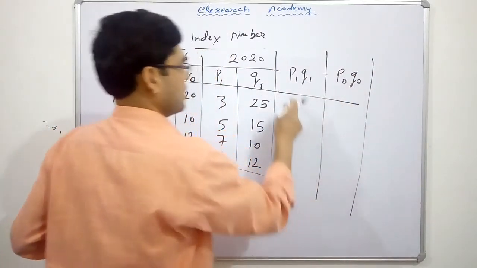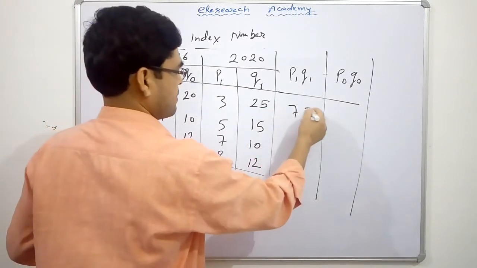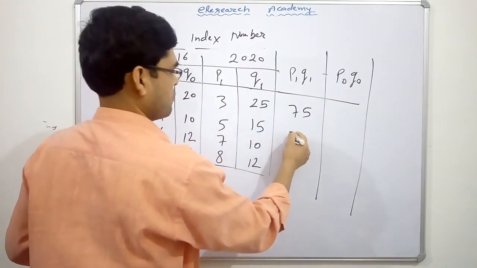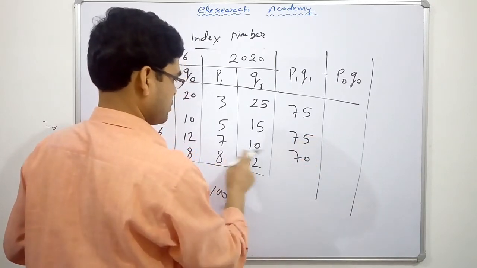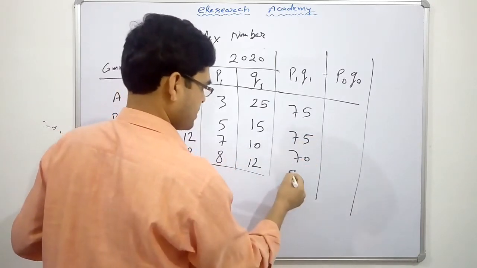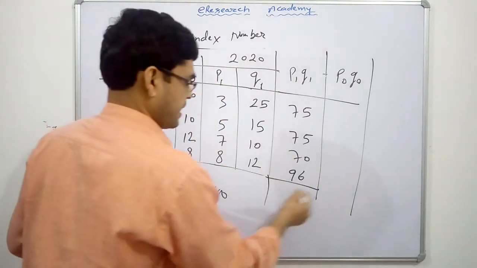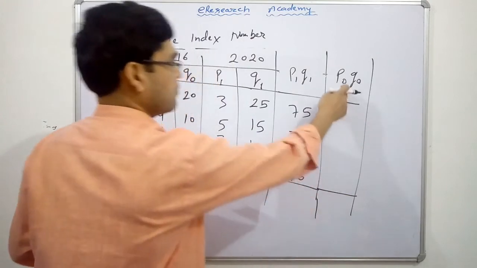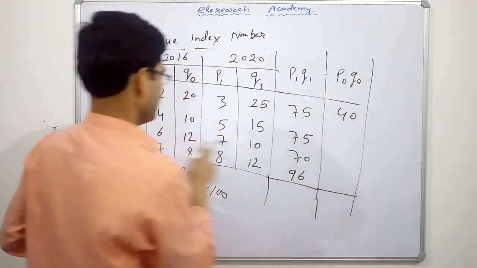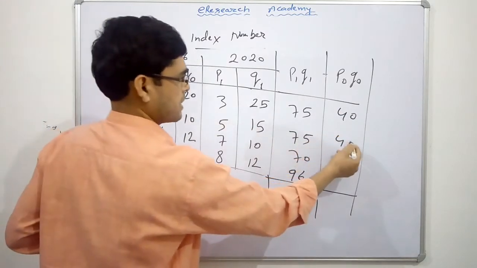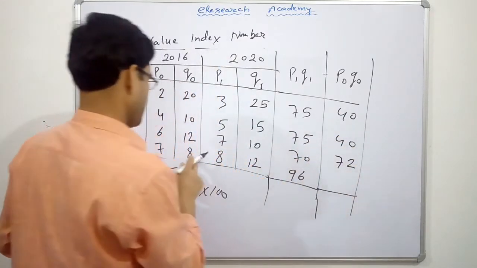For P1 Q1: 25 into 3 is 75, 15 into 5 is 75, 10 into 7 is 70, and 12 into 8 is 96. For P0 Q0: 20 into 2 is 40, 10 into 4 is 40, 12 into 6 is 72, and 8 into 7 is 56.